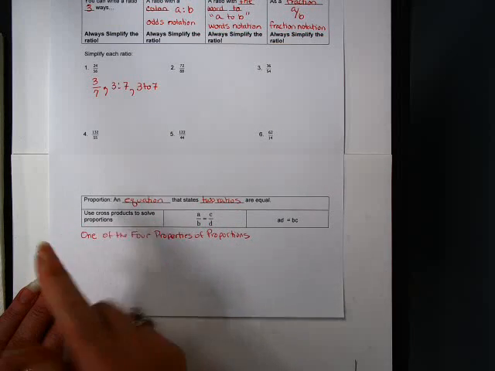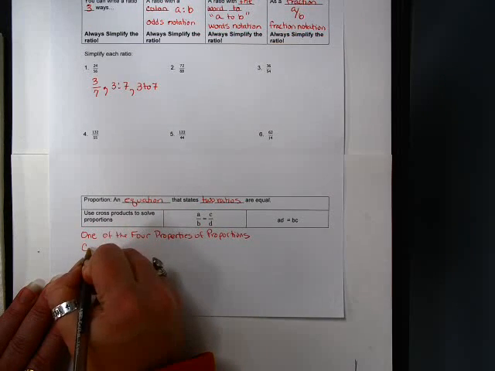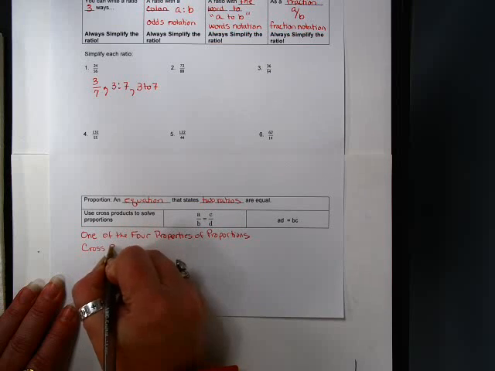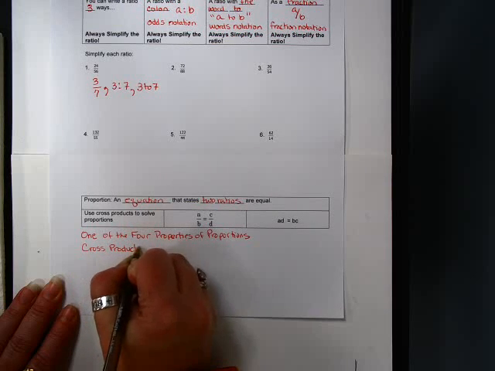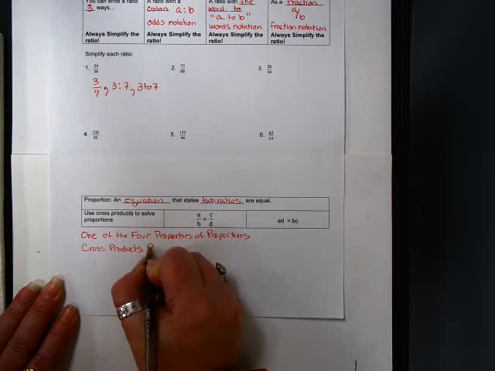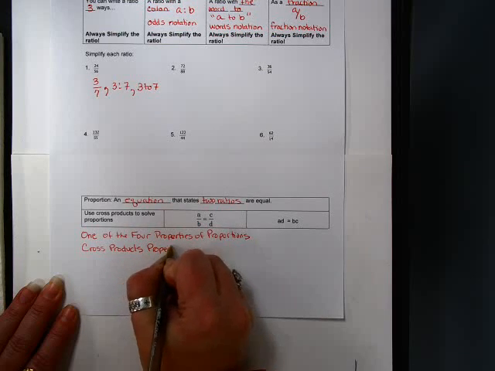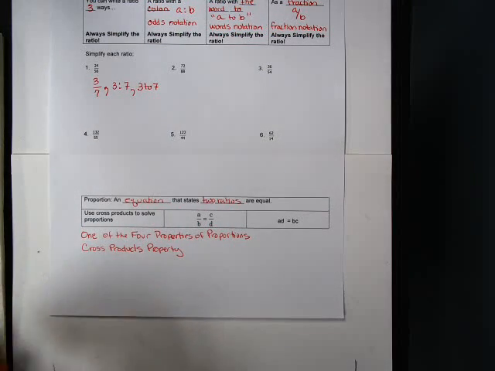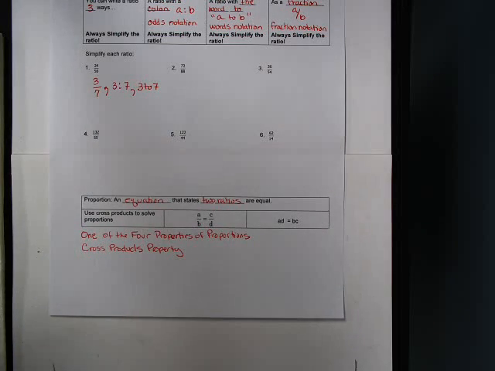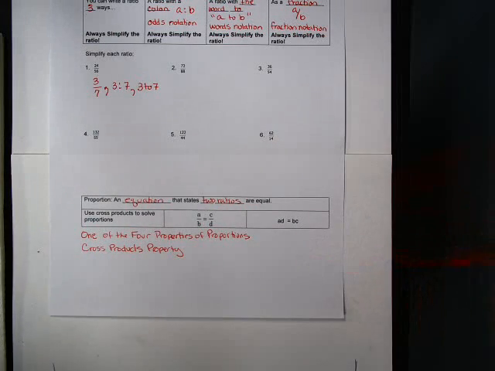This particular one is called the cross products property. And it's the most common one that's used, and we use it to solve proportions, especially when there's a number that's missing.